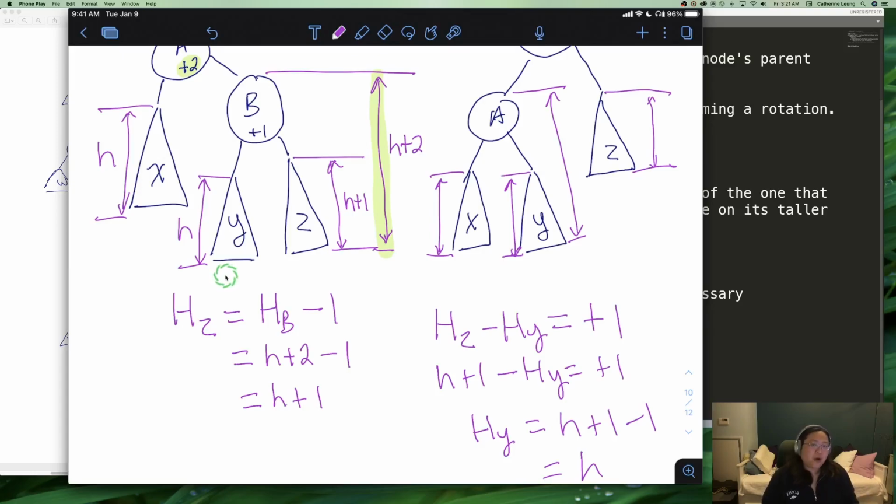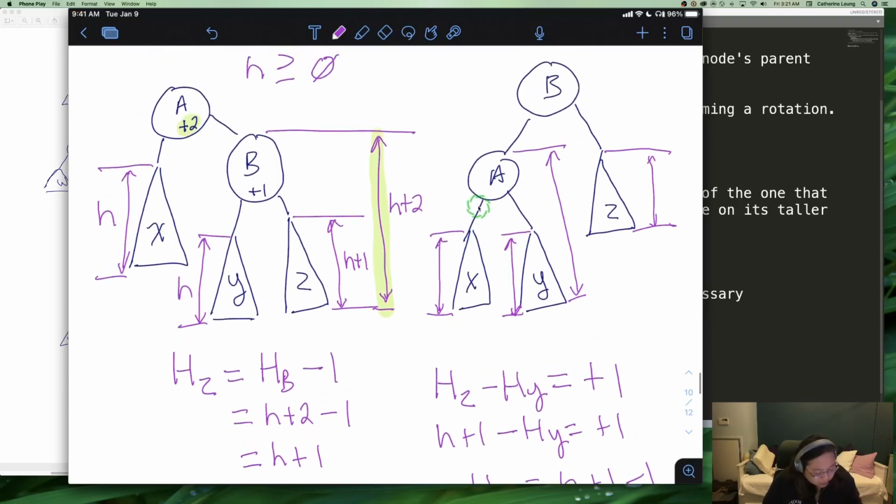Now, why do I want to know how tall x, y, and z are? The reason is because they don't change. So x before and after the rotation is exactly the same tree, same with y and z. So what that means is that when the rotation is finished, the x subtree is still h nodes tall.